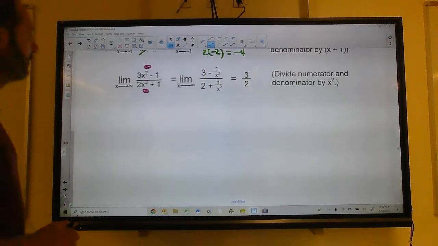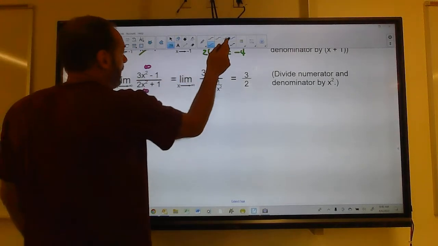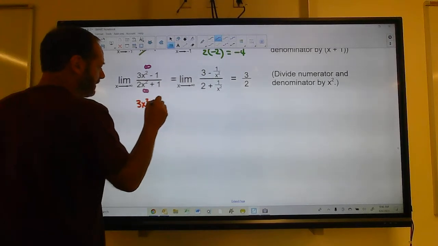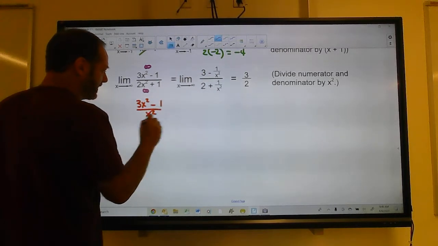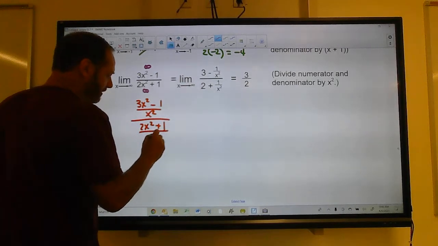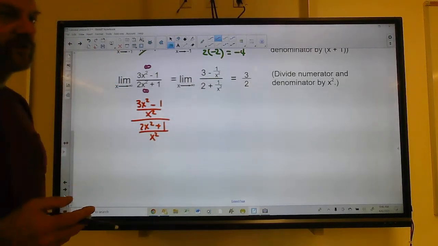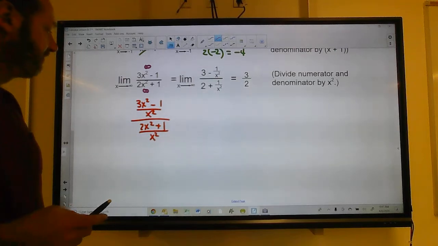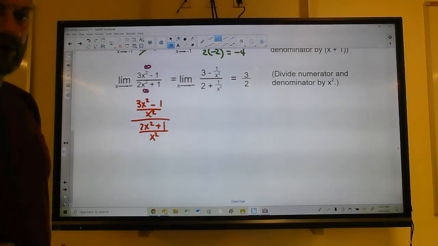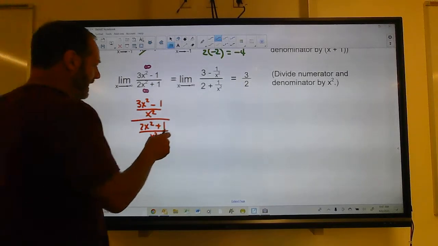But what I could do is divide the top and the bottom of this thing by x squared. Remember, if I divide the top and bottom of a fraction by the same number, I just end up with the same value I started with, right? So what happens when I do this?